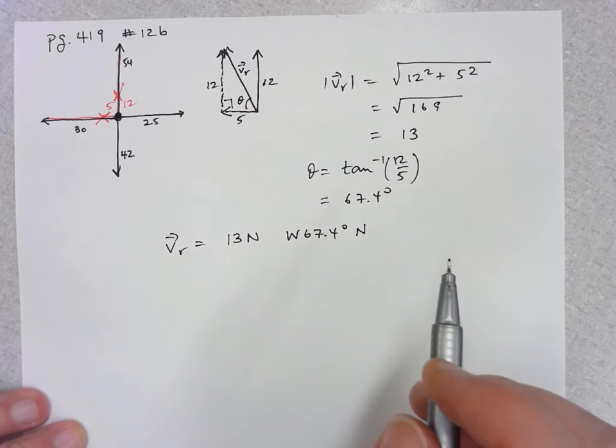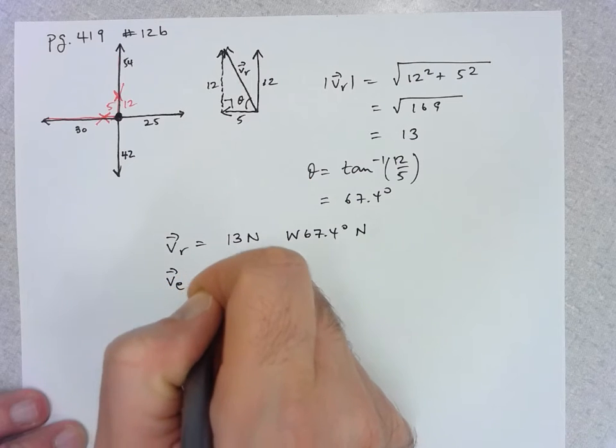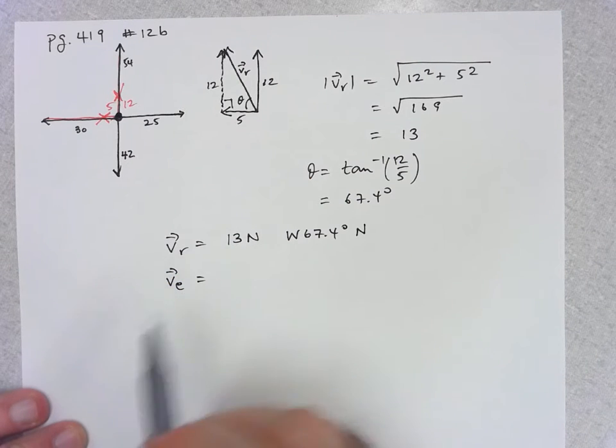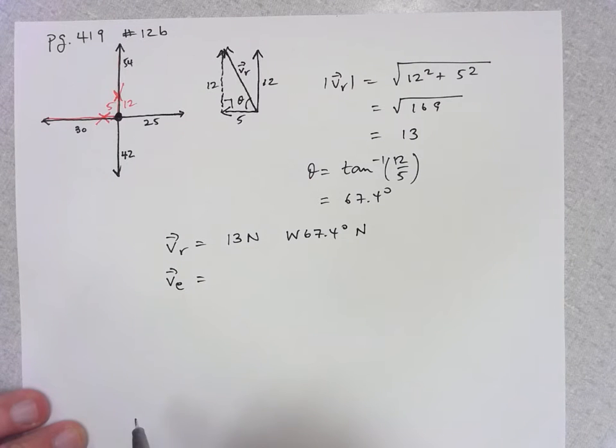But we also want the equilibrium force, which is essentially just the force that counters this one here. So if this is the net force on an object and I wanted to stop it from moving, I would apply the equal magnitude, opposite direction force to it.